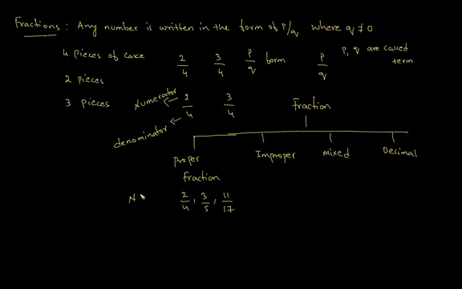To say it simply, when the numerator is less than the denominator, that is a proper fraction. When the numerator is greater than the denominator, it is called an improper fraction, like 4 by 3, 17 by 11.